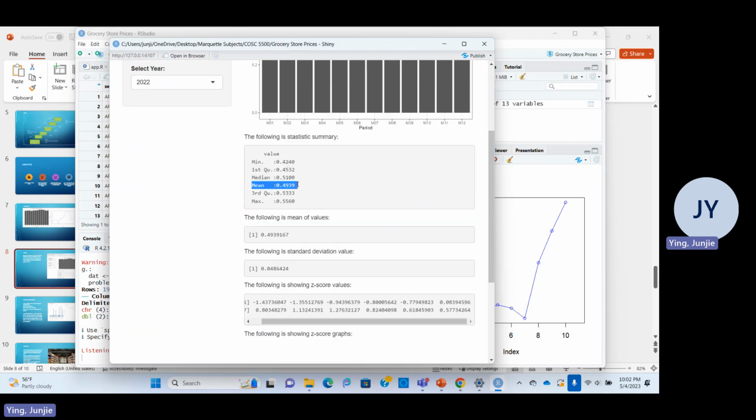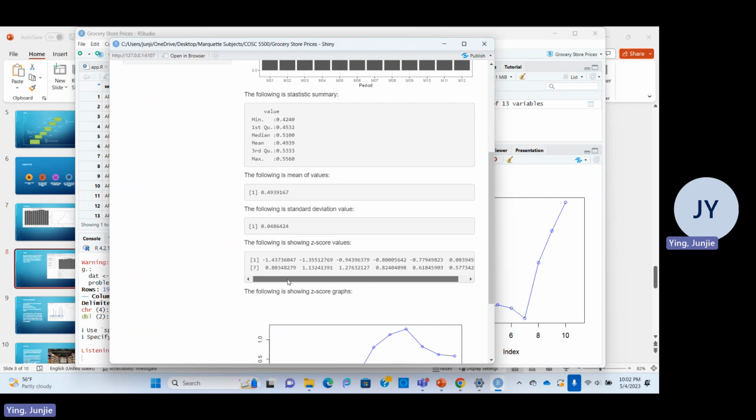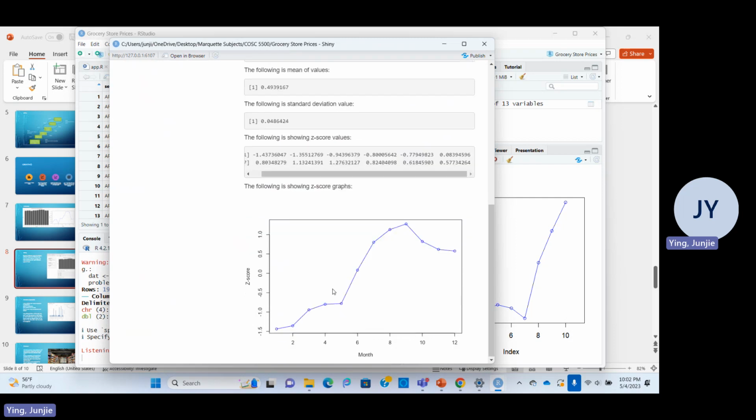We can see the mean value is 0.49 per pound, and the standard deviation value is 0.04. And here are the z-score values, and the z-score value is increasing, and you can estimate the probabilities by checking the table of what they have.